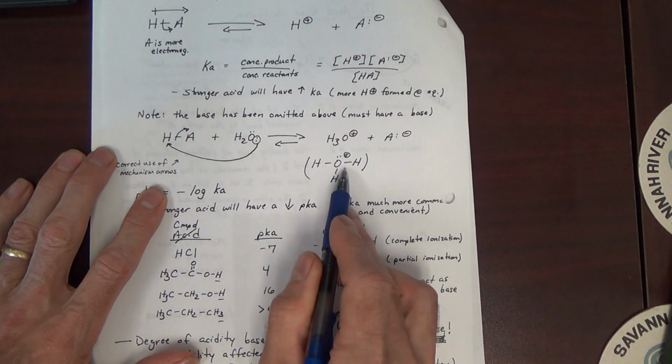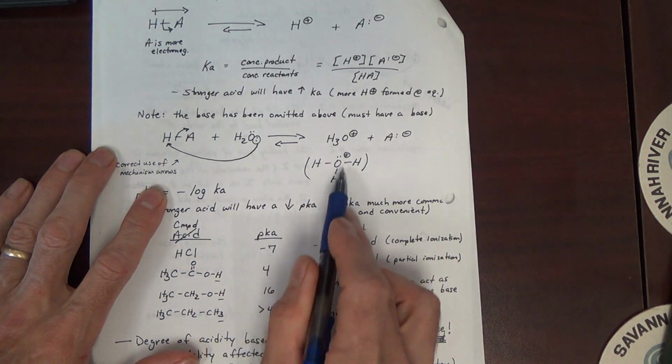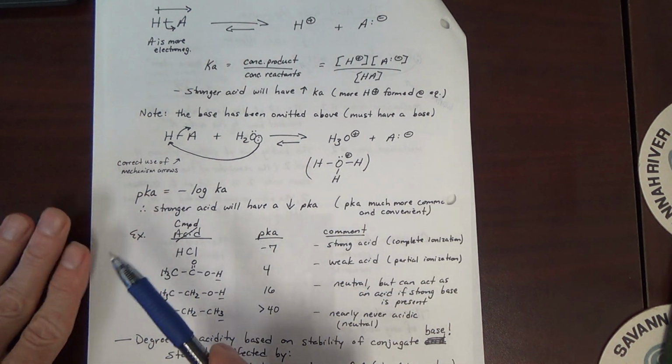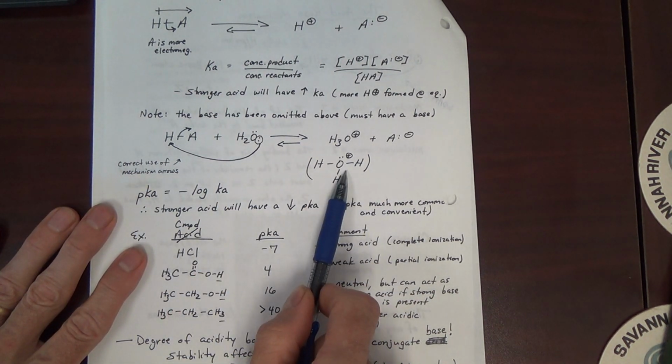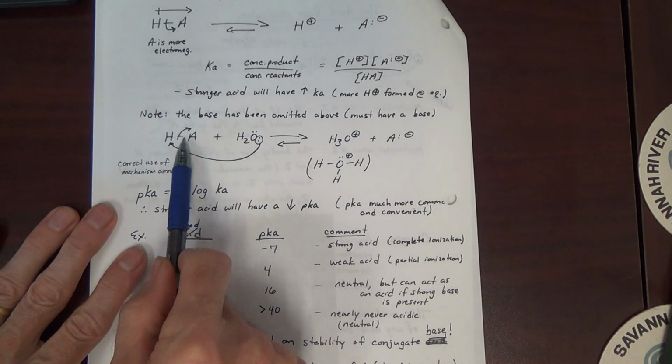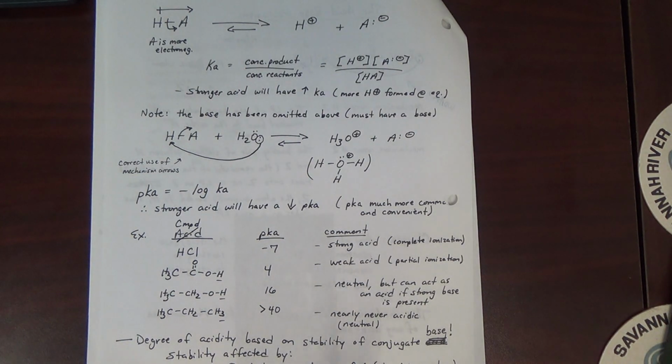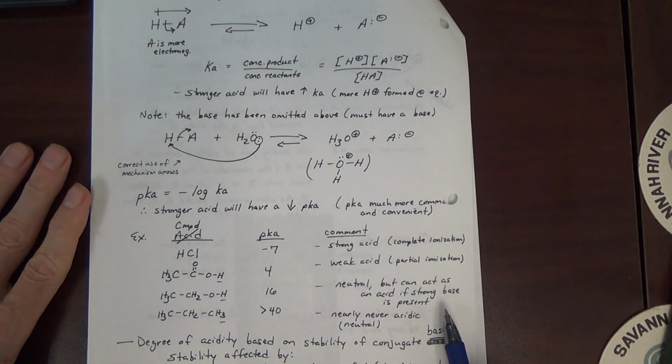One lone pair is now a bonding pair, the other lone pair remains. If you do a charge, that oxygen is now positive. And so you see that we have a base conjugate acid pair, one's neutral, one's charged. Acid conjugate base pair, one's neutral, one's charged. Pretty typical.